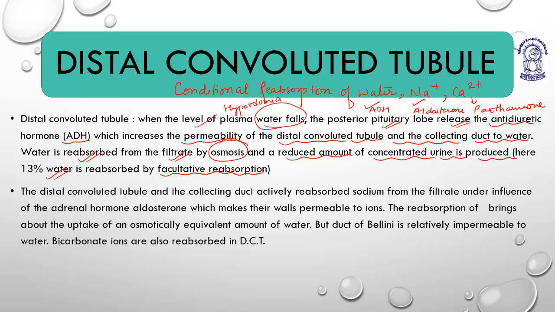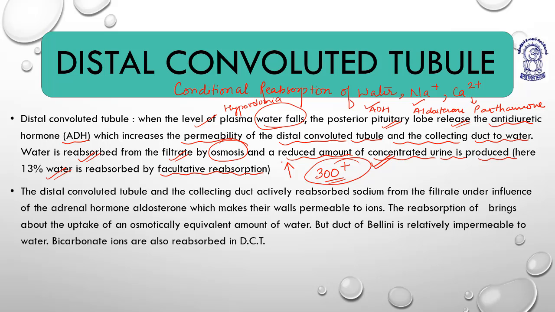Water is reabsorbed from the filtrate by osmosis, and a reduced amount of concentrated urine is produced. Here 13% of water is reabsorbed by facultative reabsorption. So if the osmolarity is above 300, then the ADH gets activated.